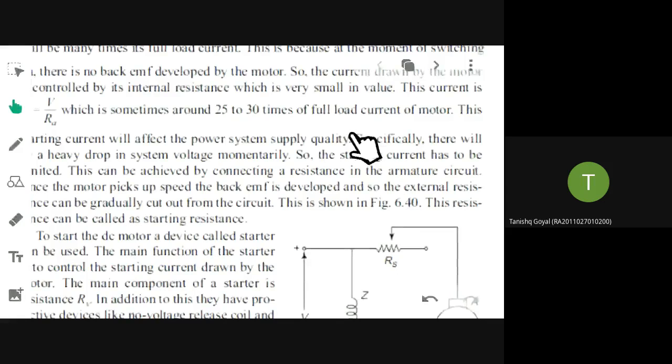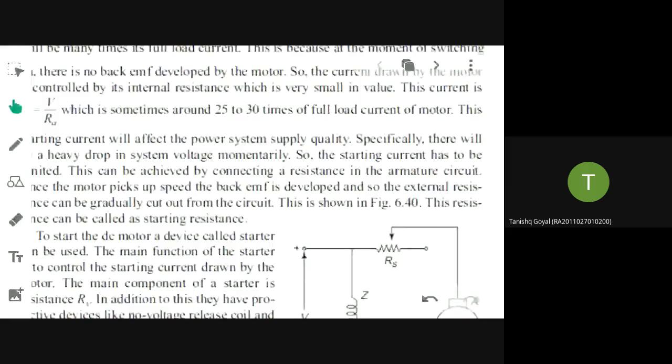So if such a heavy amount of current is allowed to flow through the motor, what will happen to the motor? It is rated at 5 ampere, but it is now drawing 25 times 5 ampere current.